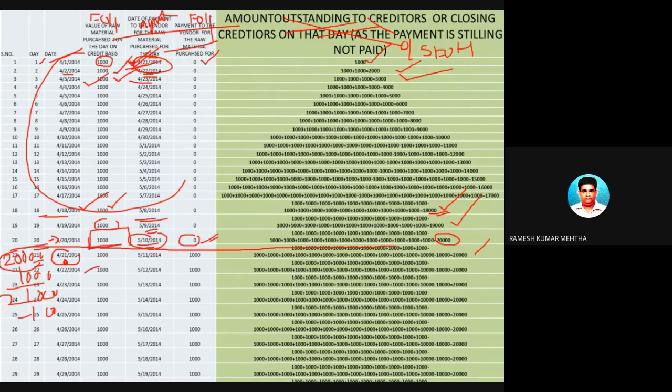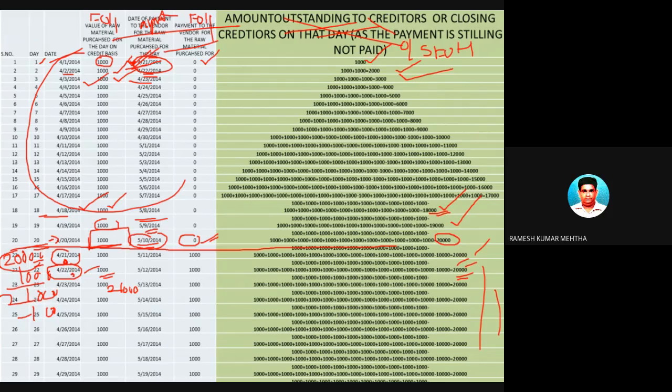In a similar fashion, if you carry out the discussion and calculations at any given period of time, the amount of outstanding factory overheads during the year will be 20,000 rupees. For example, on the 22nd day, the outstanding was 20,000 plus another 1000 rupees incurred, that is 21,000, which has not been paid.